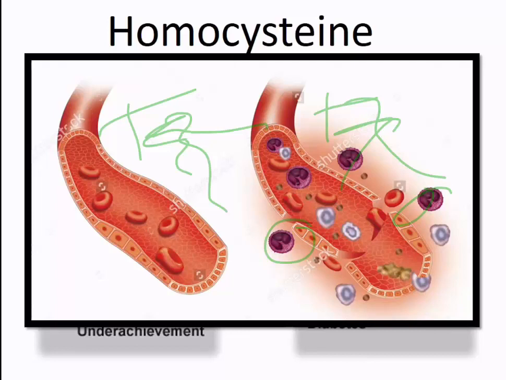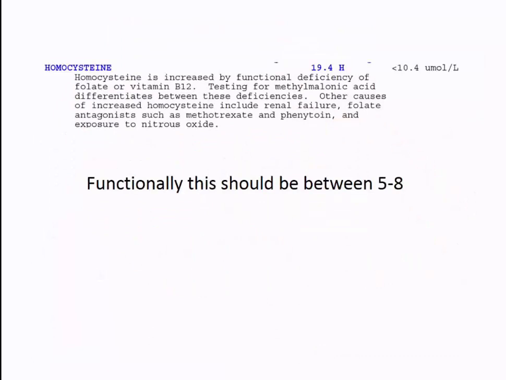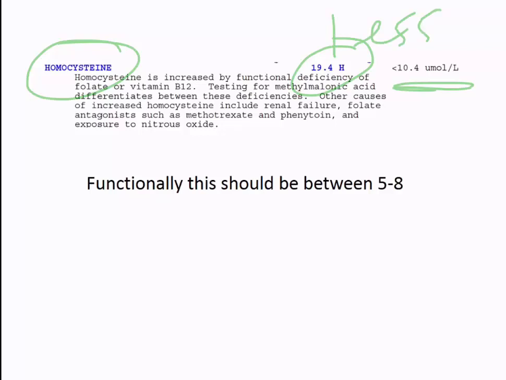So homocysteine, in my opinion, is a very important marker that we want to measure and monitor, and we want to be able to decrease your homocysteine. If you pull out your blood work, you're going to see homocysteine right there. If yours is high, it's going to be in blue. This lady is 19.4. Now you can see here the lab range, we want this less than 10.4.